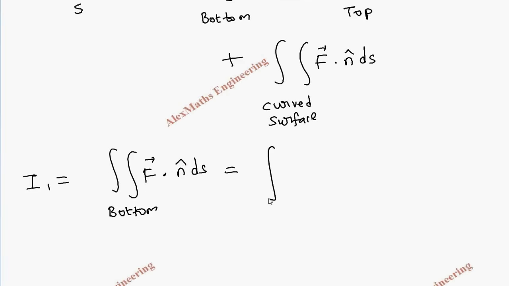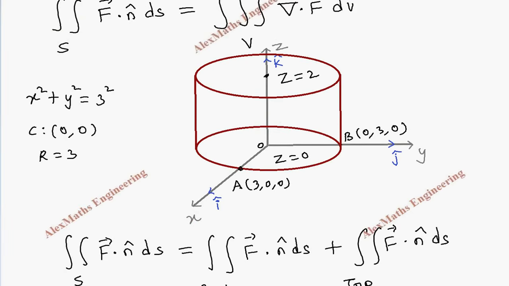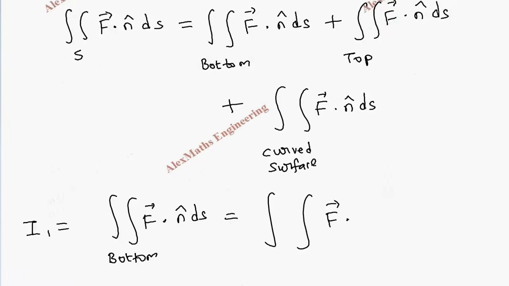We have double integral f dot n cap, and in the bottom surface we have the n vector going in the downward direction, which is exactly opposite to that of k. N cap is a unit vector perpendicular to the surface moving away from that area. So it is opposite to that of k.